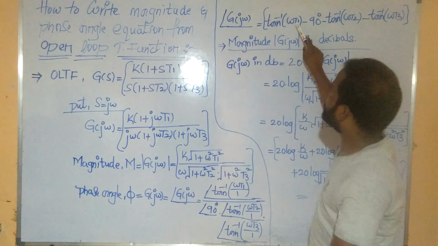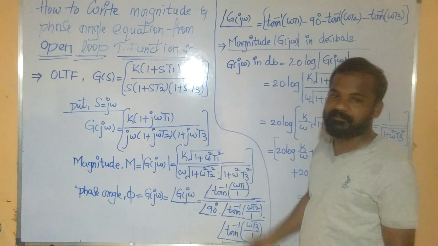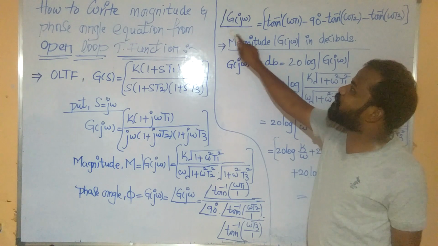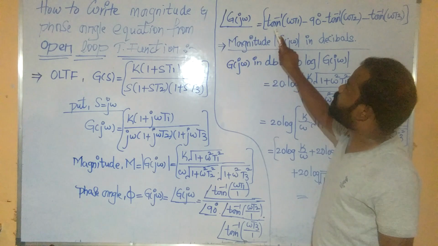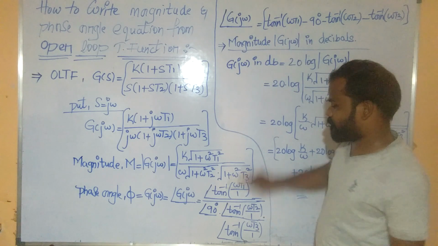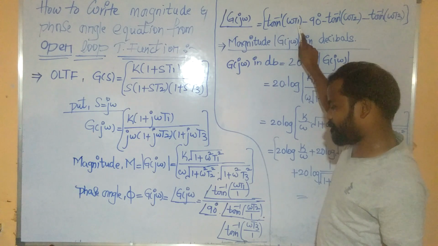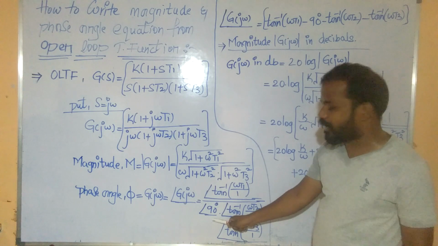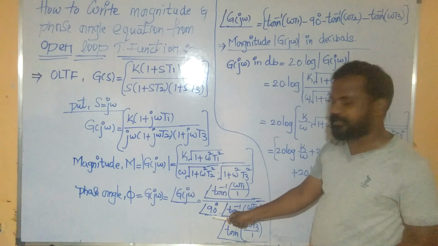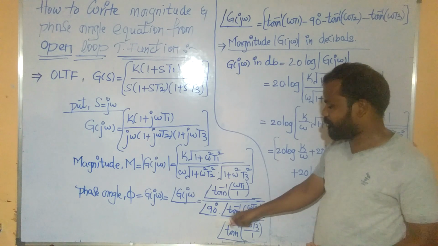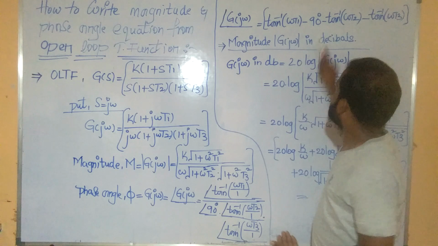So how to write this phase angle equation from this equation? Just see here. So the phase angle of g of j omega is equal to tan inverse of omega t1. The denominator 1 means there is no problem. Clear? So tan inverse of omega t1 minus the denominator, I have the angle 90 degrees. This is in the denominator. If it goes to the numerator, then minus 90.